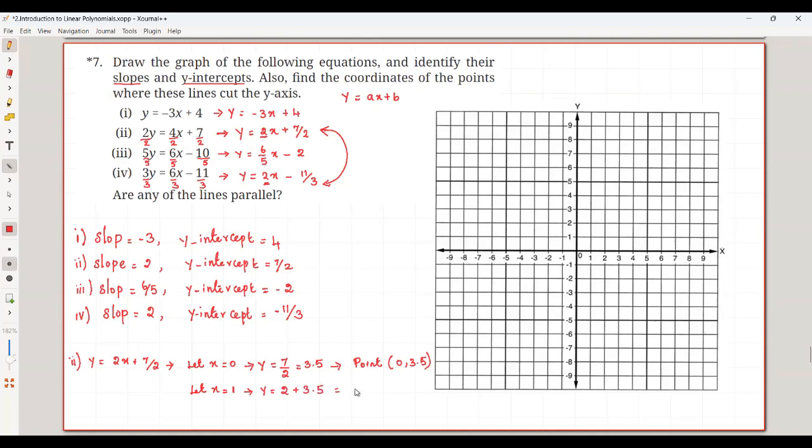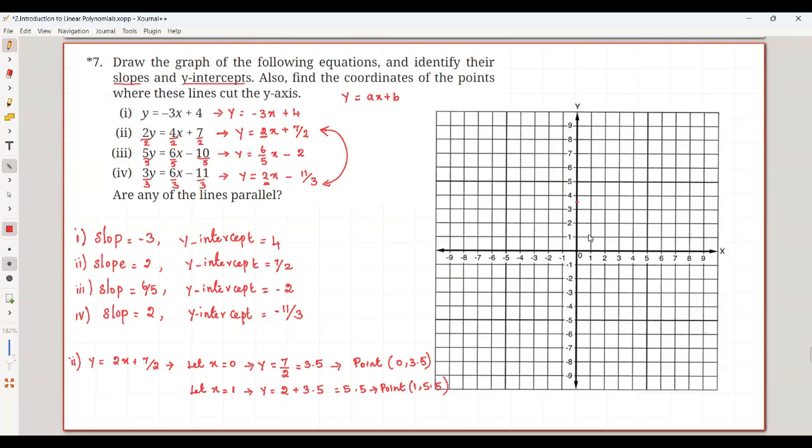So 2 plus 3.5, you'll be getting 5.5. That means the point, x is equal to 1, is 1 comma 5.5. I can just plot the points. 0 comma 3.5, 3.5 means it will be coming here.